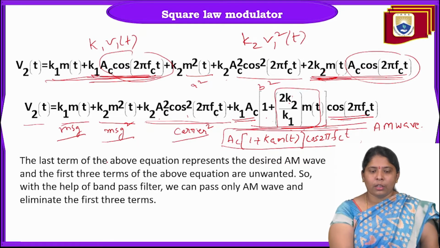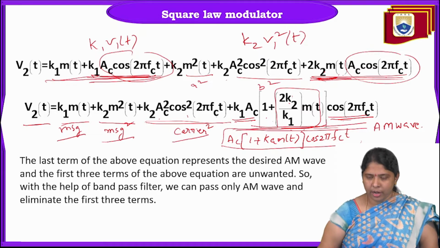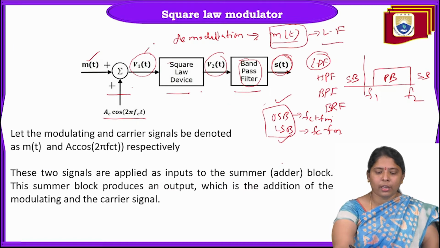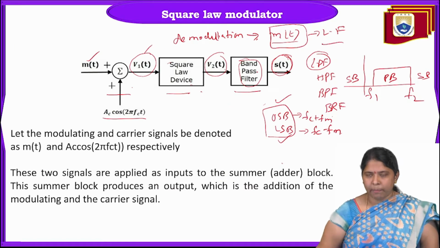This V2 of t is given to the band pass filter. In the block, V1 of t is given to the square law device and V2 of t is given to the band pass filter.